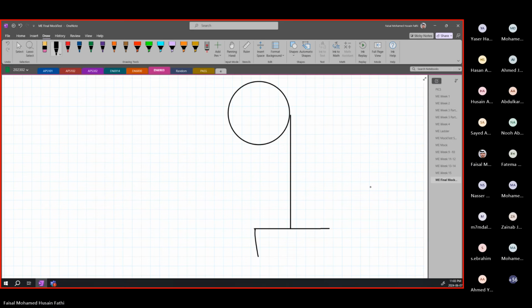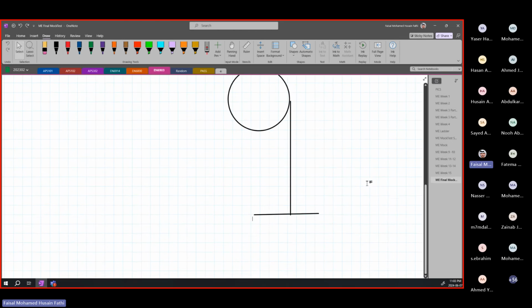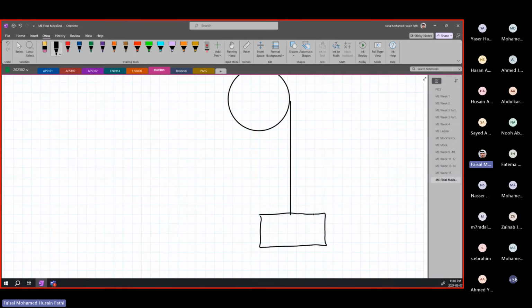Let me make it a bit neater so it is organized from the beginning. Alright, so we have our load here. This is ML. And this is our drum over here with this specific radius.